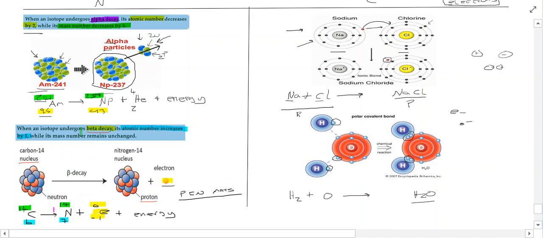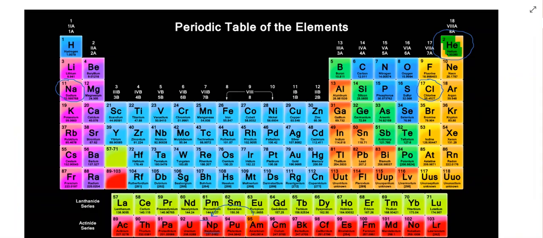And again, this is what's known as a nuclear reaction. So again, if we have a look at this on the periodic table, first of all, carbon, this is what we're starting off with. It's carbon 14, which is the isotope of this. We can see that carbon has 6 protons.